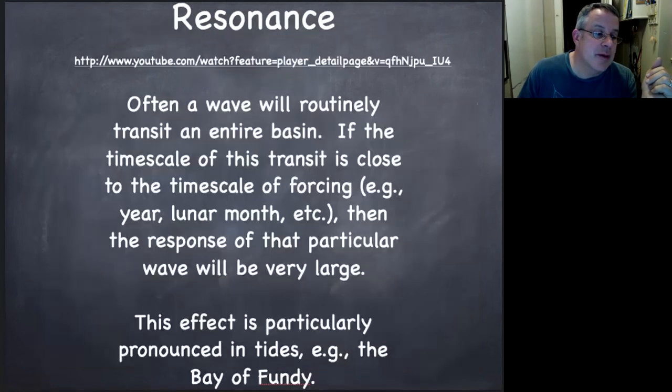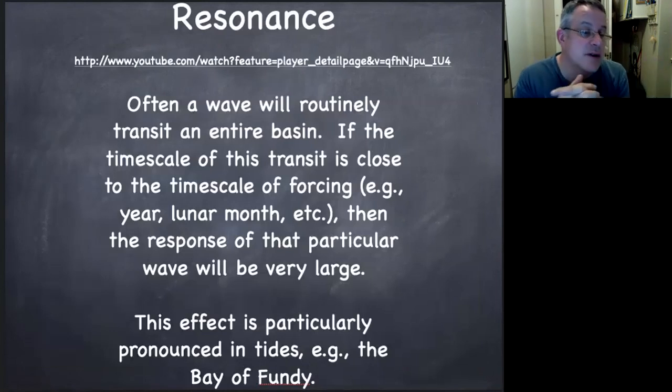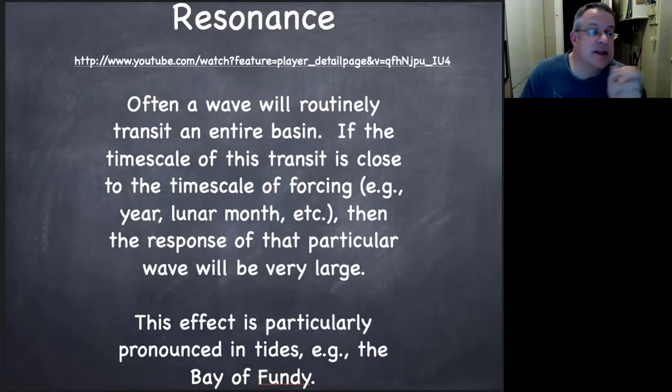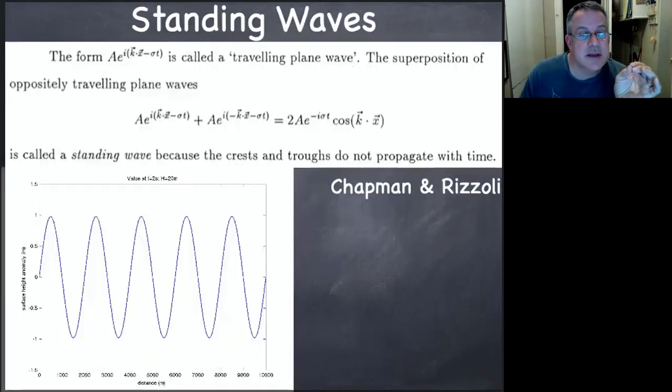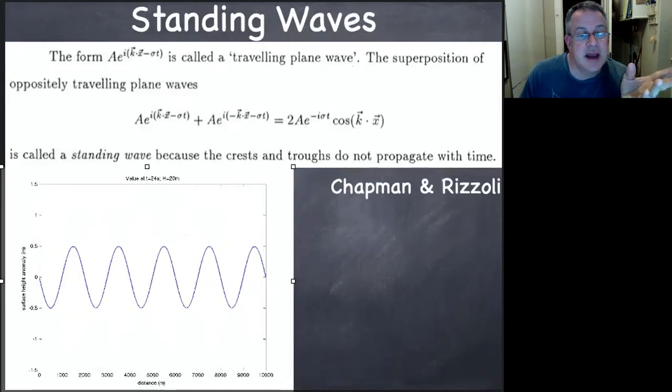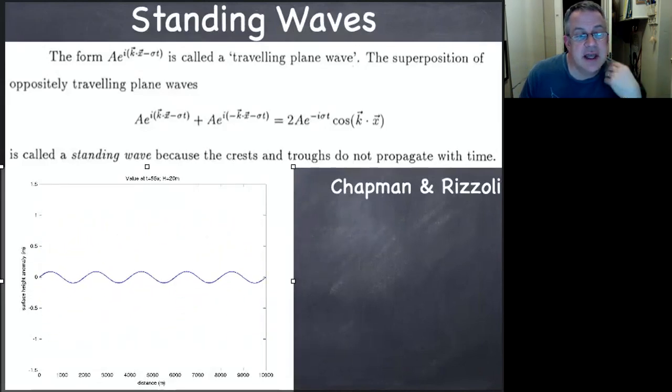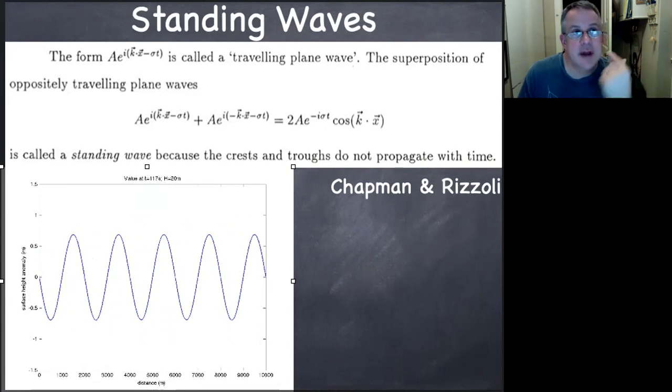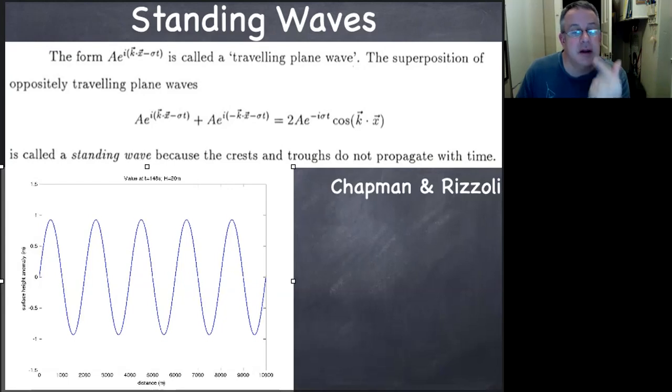about. There's a phenomenon called resonance, which is really important for tides. If the wave is going back and forth in an entire basin and the frequency is just right so that you get something similar to the standing pattern, you can actually just keep adding more and more energy into that wave. Every time it goes around the basin, you give it another kick by the motion of the moon.